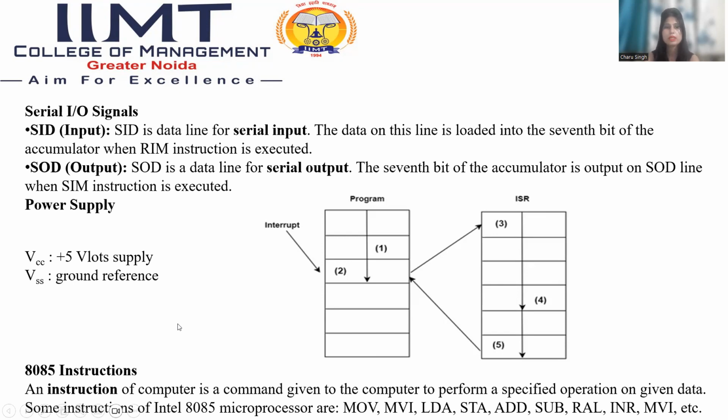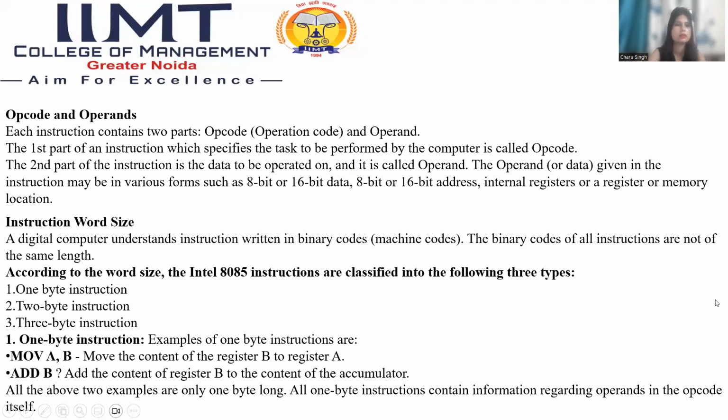8085 instruction: an instruction of a computer is a command given to the computer to perform specified operations on given data. Some instructions of the Intel 8085 microprocessor are MOV, that is move, MVI, LDA, STA, SUB, RAL, INR, and so on. Opcode and operand: each instruction contains two parts.